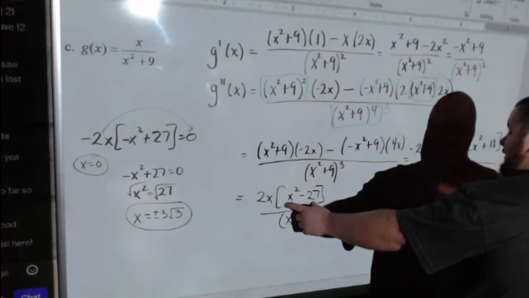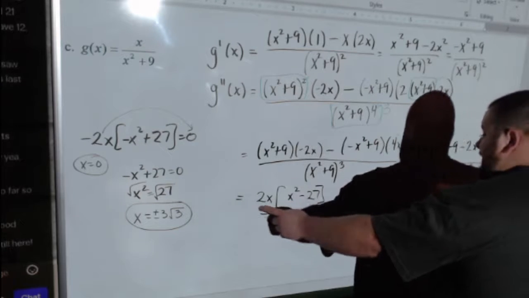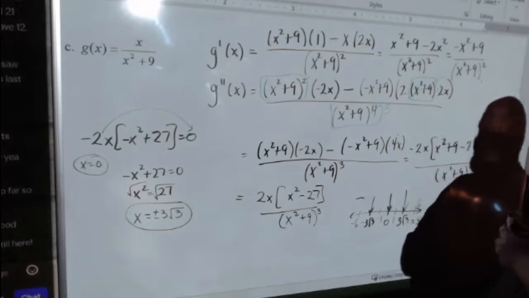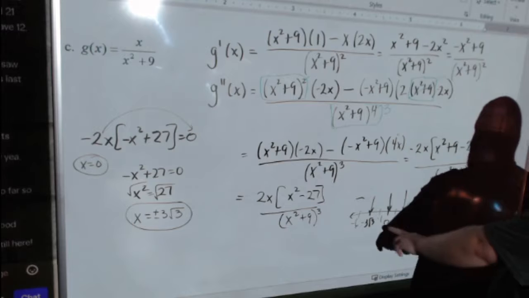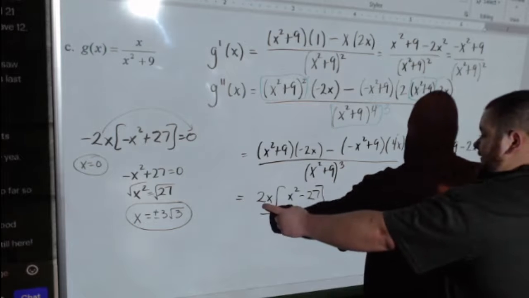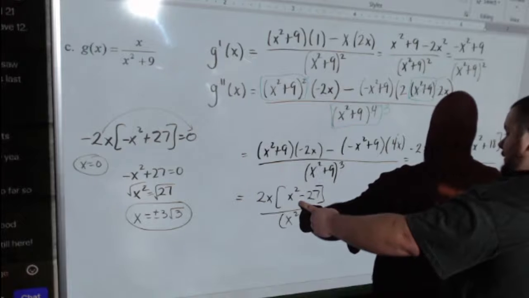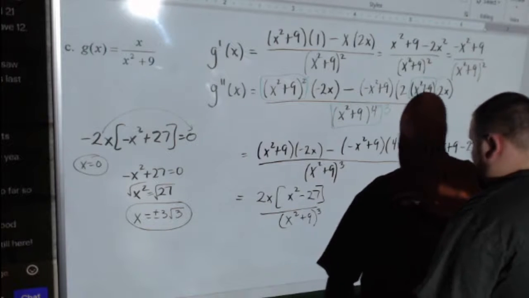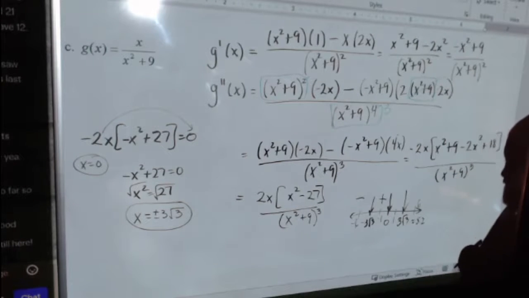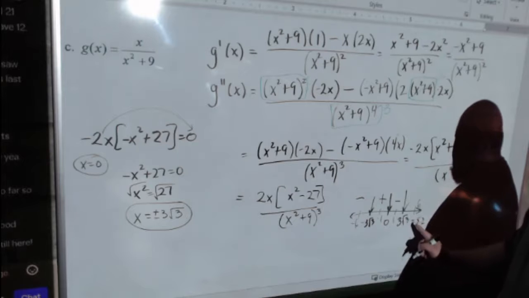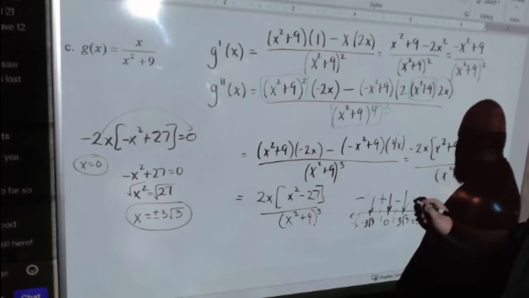This number is positive. So negative times positive, negative. If we plug a negative 1 in, again, negative out here. In here, we're going to get negative, so this is overall positive there. If we plug in a positive 1, we get negative, and if we plug in 6, we get positive again.